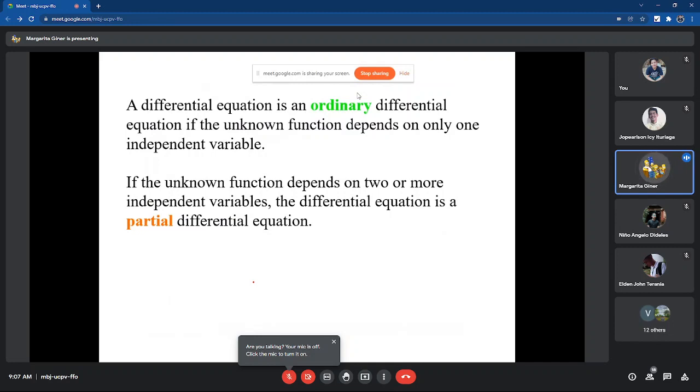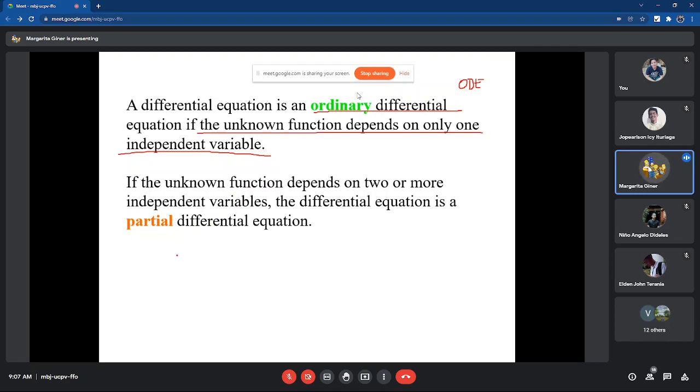This time, a differential equation is an ordinary differential equation, ODE, if the unknown function depends on only one independent variable. That's the shortcut. You can call it an ODE if your unknown function depends only on one independent variable.